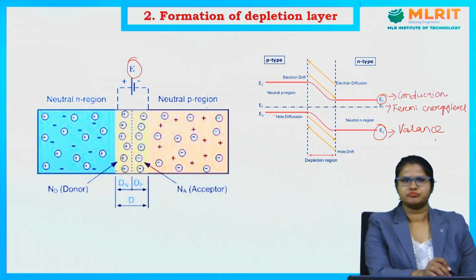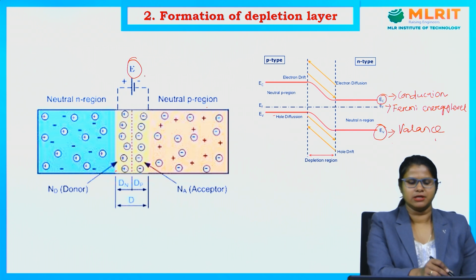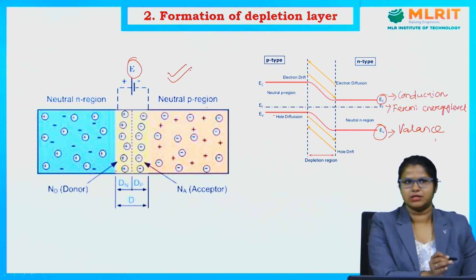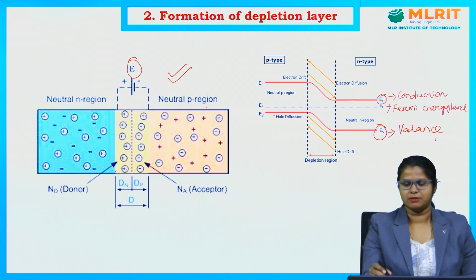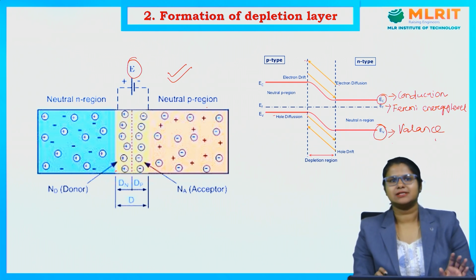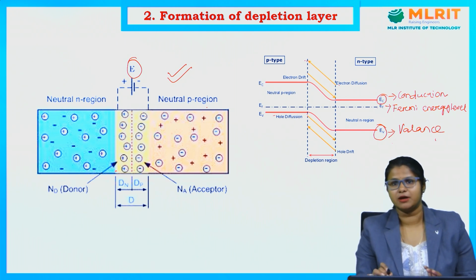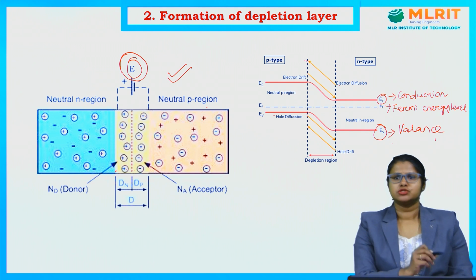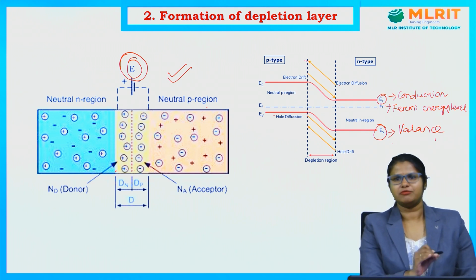As we have discussed in this diagram, when we form the PN junction, electrons will diffuse from the N side to the P side and holes will diffuse from the P side to the N side. Now, as I have told, an electric field will develop due to this potential barrier. So due to that electric field, what will happen?